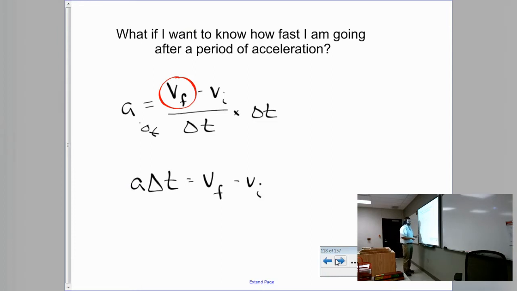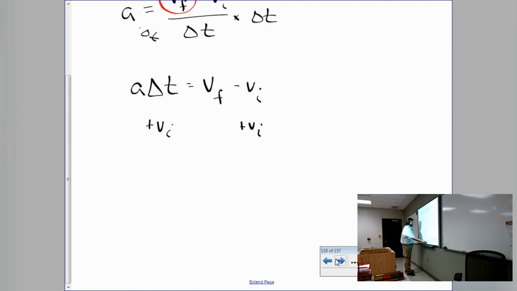Now, to get velocity final by itself, I'm going to add my initial velocity to both sides. So what we end up with is velocity initial plus acceleration times time equals my final velocity. This is my first kinematic equation, derived from my acceleration equation.